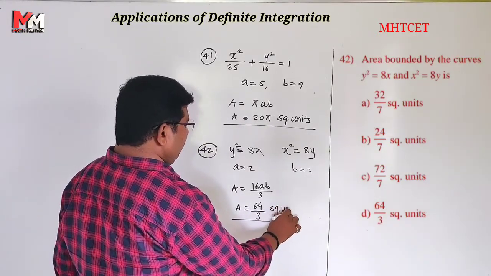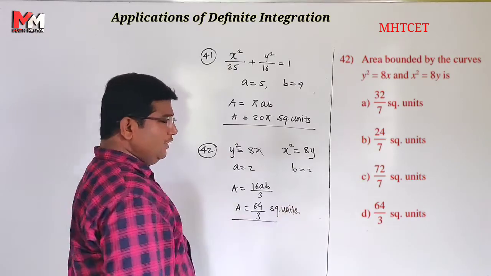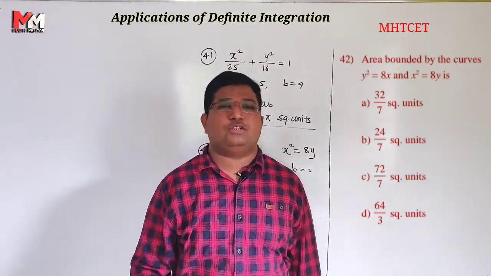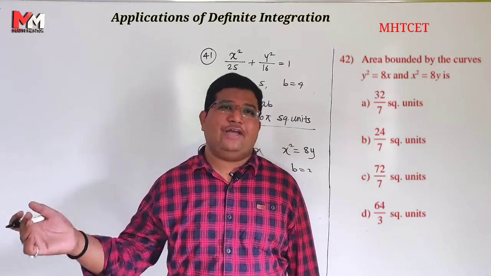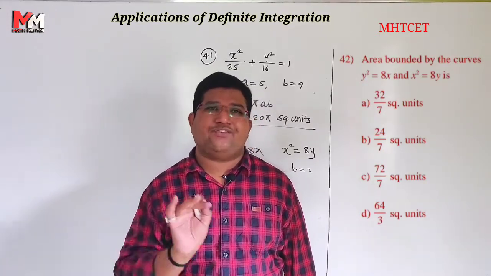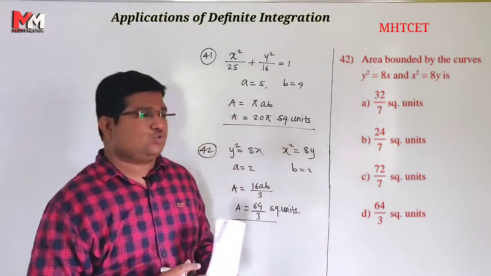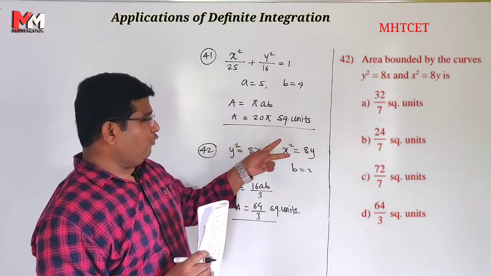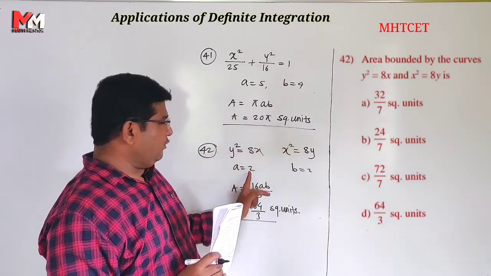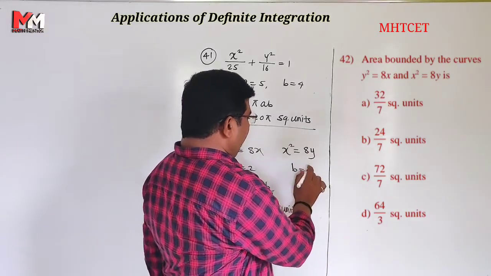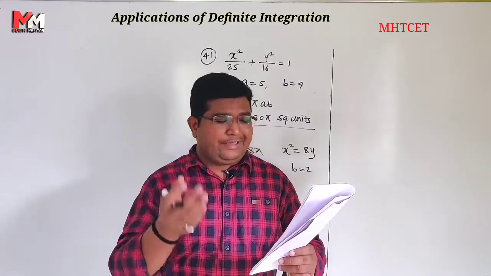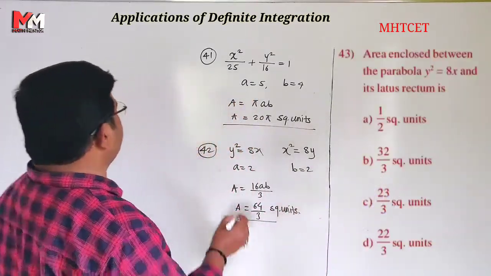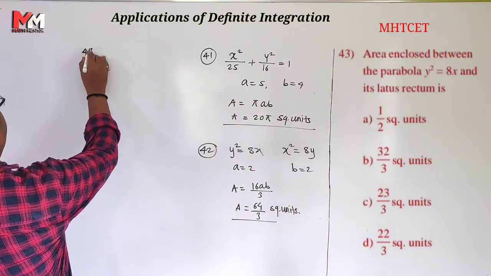This is the required area between two parabolas, y square is equal to 4ax and x square is equal to 4by. Just find a and b: 4a is equal to 8, 4b is equal to 8, so a is 2, b is 2. Okay, so this is the completion of 41 and 42.